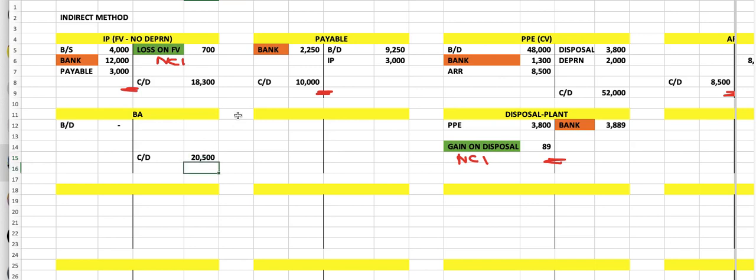Okay, alright, so dia kata dia acquire a herb for 20.5 million. 5,500 of cash was paid. So dia hanya bayar 5,500 saja. So this is bank. Okay, bank 5,500 and the remaining balance was settled by issuing 15 million of own share at 1 ringgit.